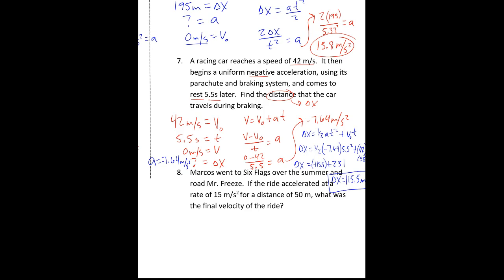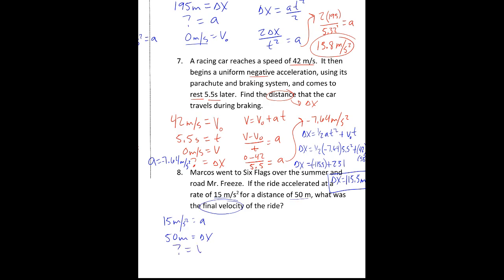Number 8. Marcus went to Six Flags over the summer and rode Mr. Freeze. If the ride accelerated at a rate of 15 meters per second squared for a distance of 50 meters, what was the final velocity of the ride?